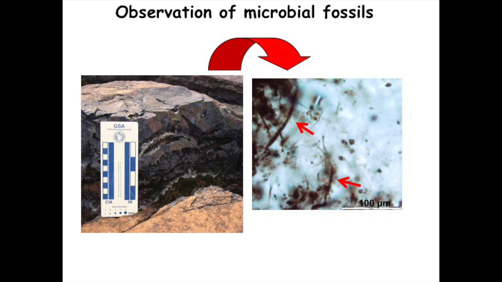And looking in one of these layers, we can detect structures that here look like a chain of beads, thinner one, thicker one here, some rounded structures. Now, microfossils from this particular formation were the very first ancient microfossils to be identified.